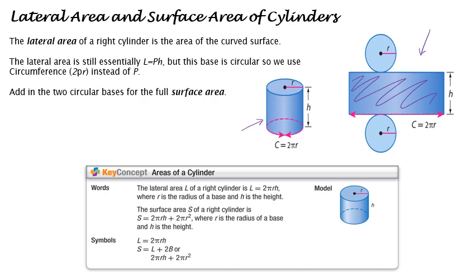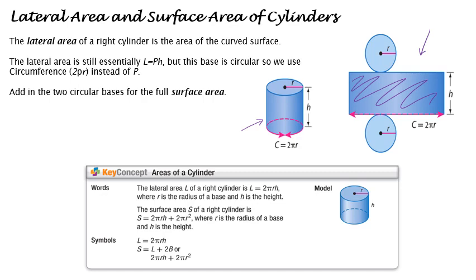This represents the lateral face, just kind of unraveled, unwrapped from being around the circular bases. So the lateral area of our right cylinder, it's the area of this rectangle only, not the bases. It's just the area of that curved surface that wraps around.